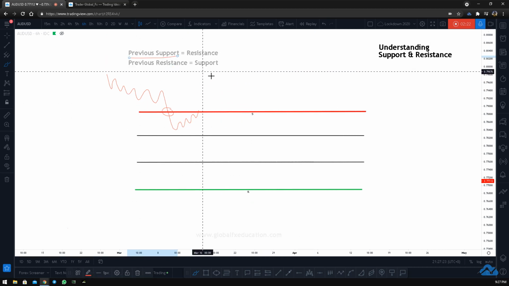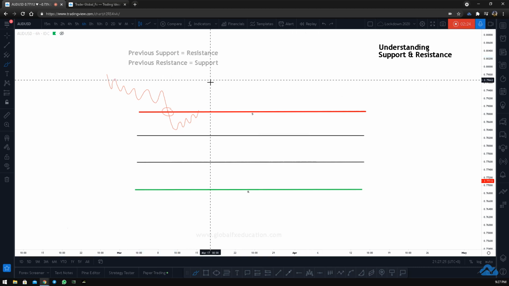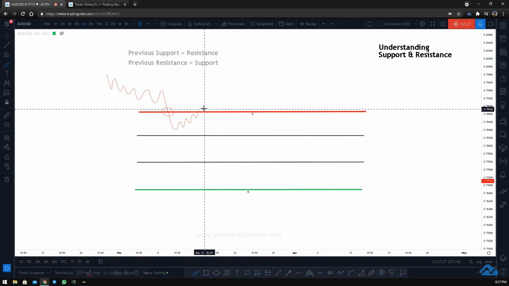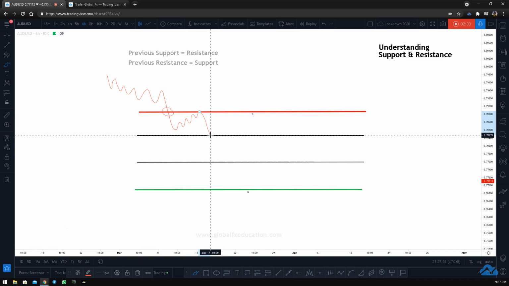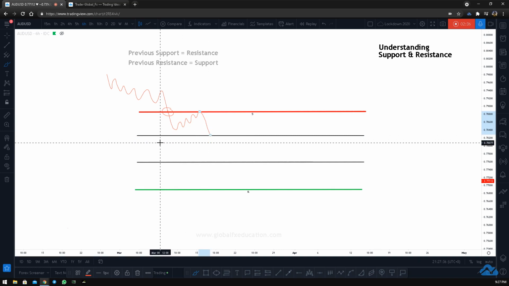Just like in the example over here, previous support now turned resistance, and most likely the market will reject this zone to the downside again, to the next support line or the next support zone.